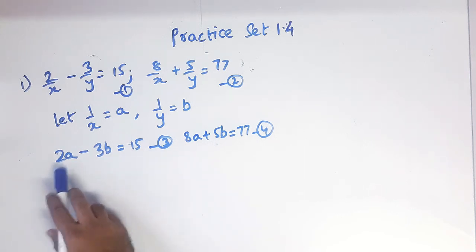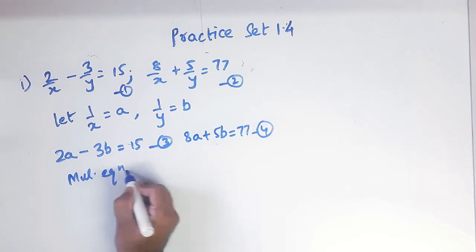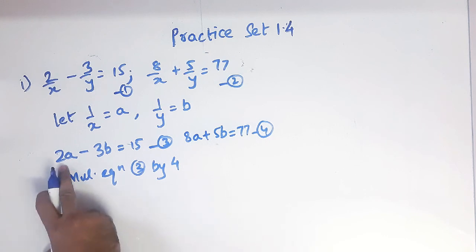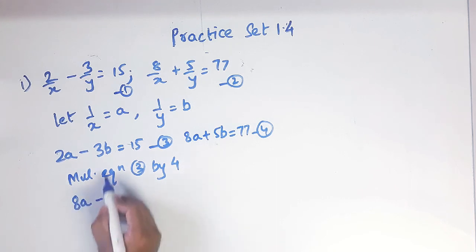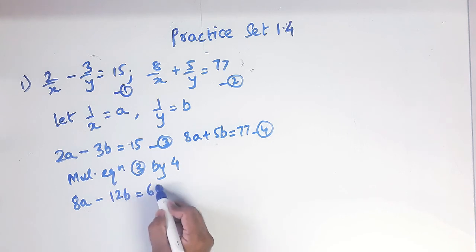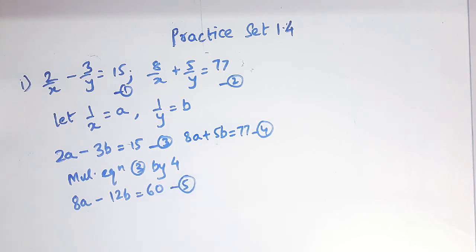Let us make this as 8, so multiplying equation 3 by 4, this will become 8a minus 12b equals 60. Everything you have to multiply by 4. You got a new equation number 5.